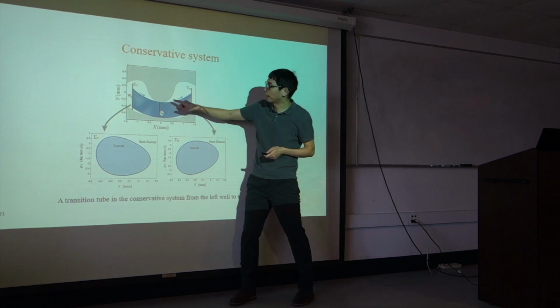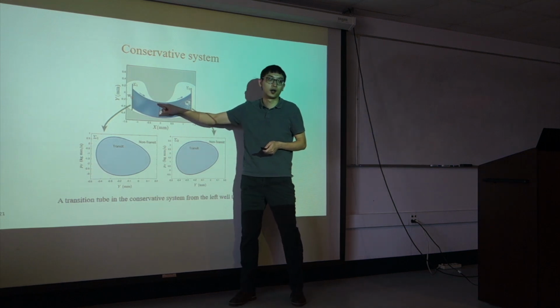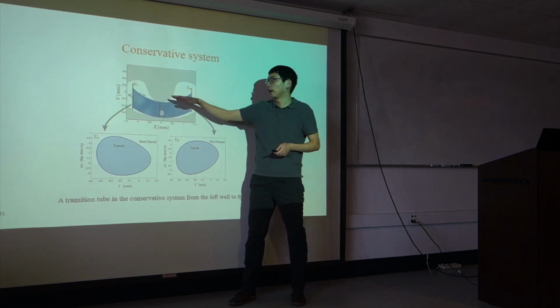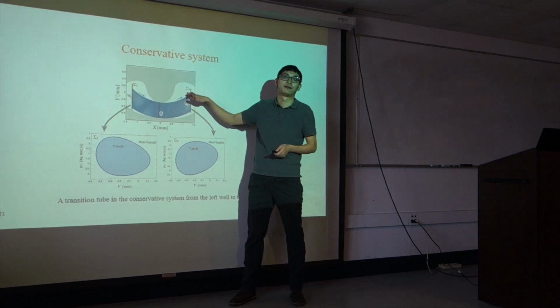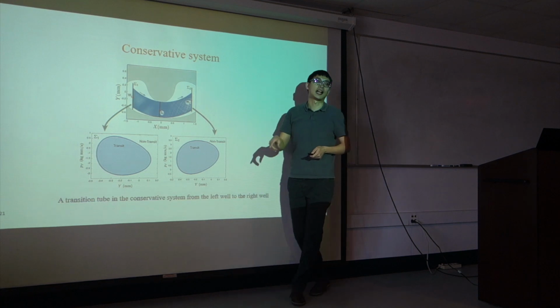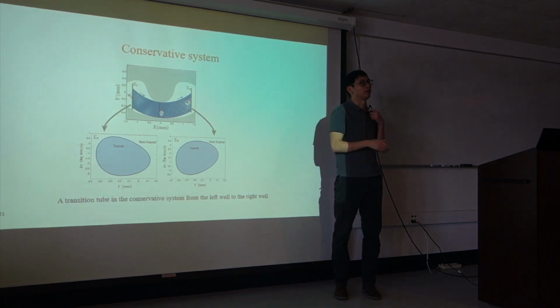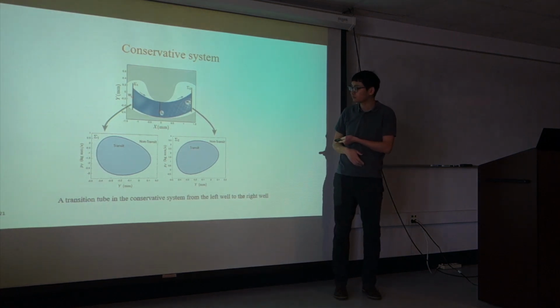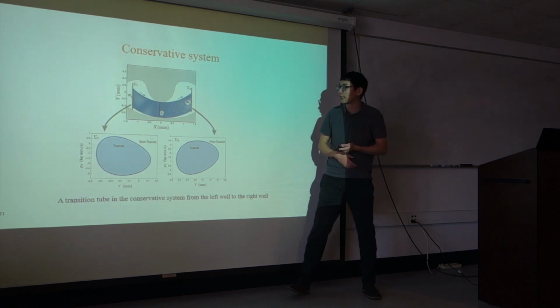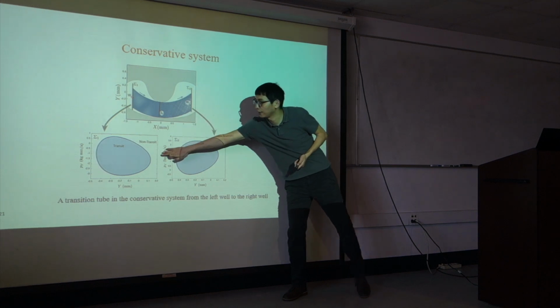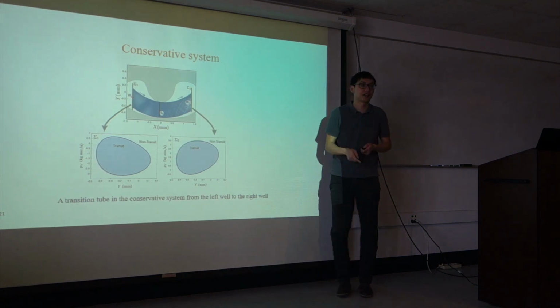In fact, you can know the direction of the flow of the transition tube. It is a stable invariant manifold and an unstable invariant manifold. But in this topic, I didn't use any concept of invariant manifold. Because the energy stays constant, the cross-sections of the transition tube here and here are equal.